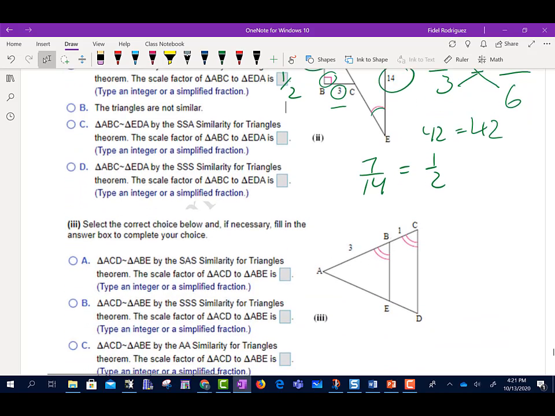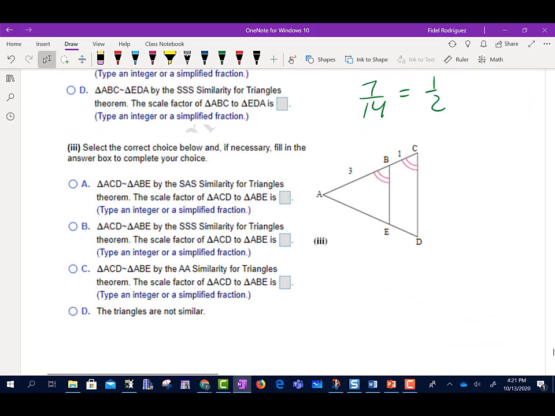Let's take a look at this next one here, and can we determine if they are similar? Okay, so doing this next one here, let's see. We know that these angles are congruent, and also we have this angle. So look at the two triangles we're looking at. We're looking at triangle ACD.